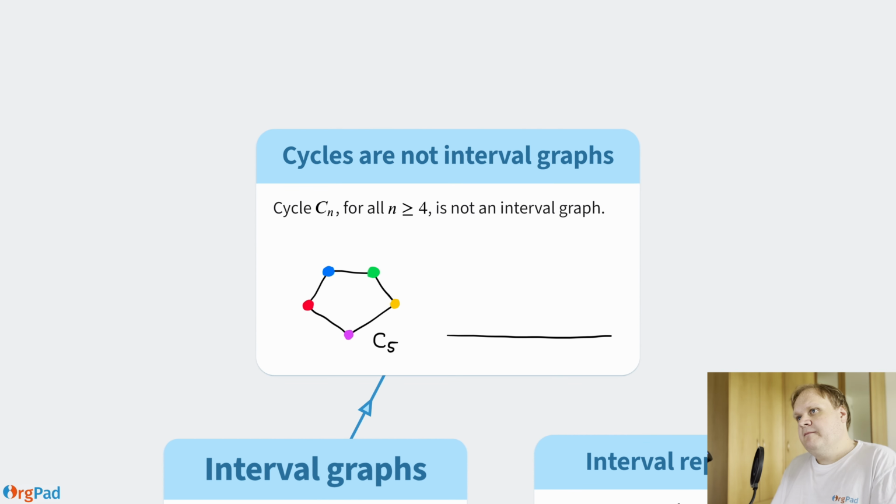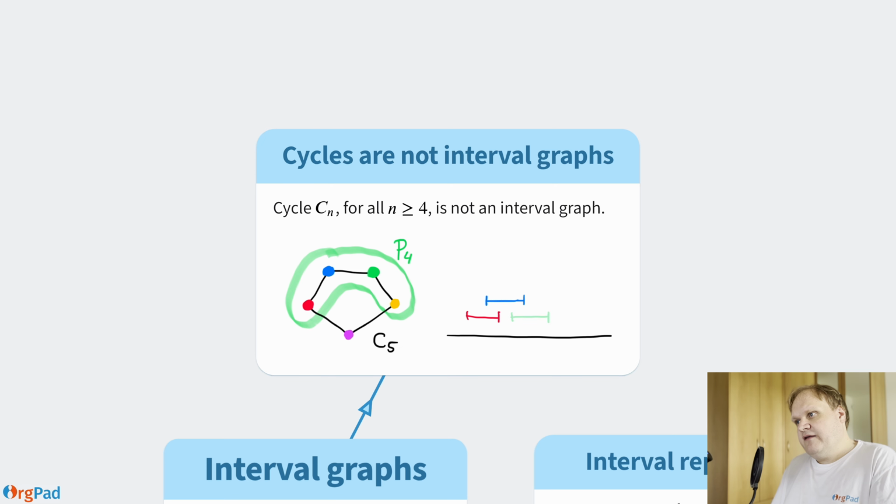For example, a cycle of length 4 or more is not an interval graph. The argument goes like this. We start with the subpath and we look at how it is represented. The red vertex is represented in some way, and say the blue one is drawn next to it.